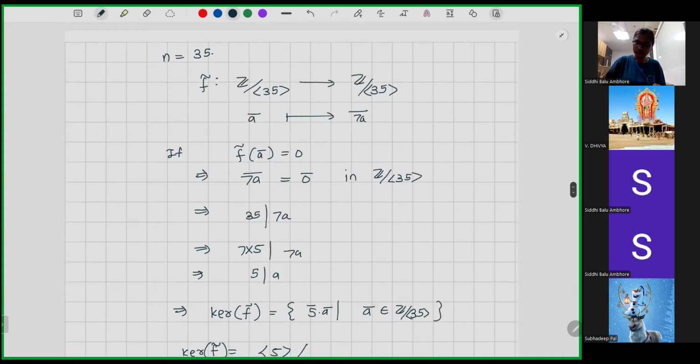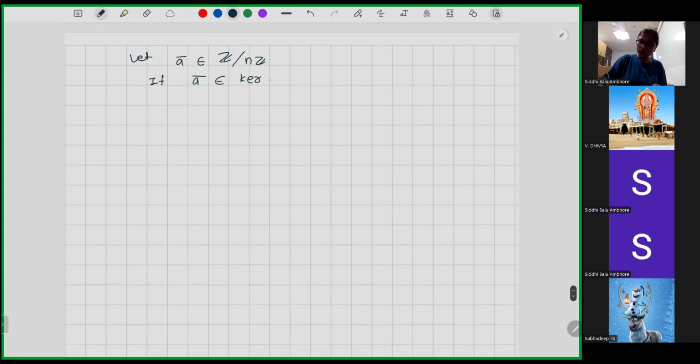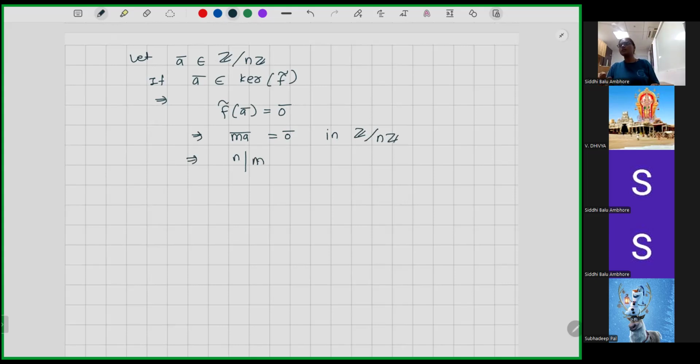If A bar belongs to the kernel of this F tilde, then what does this mean? This means that F tilde of A bar is equal to 0 bar. That is, MA bar is 0 bar in Z mod NZ. So this implies that N divides MA, that is, A in Z such that MA is in NZ.